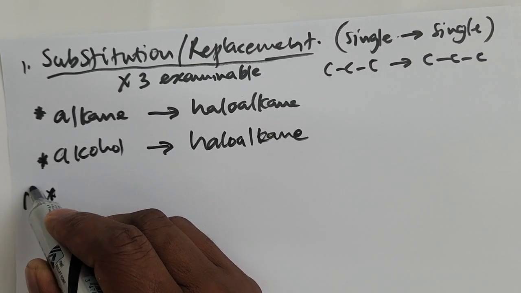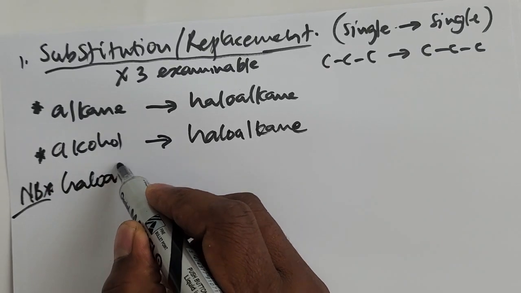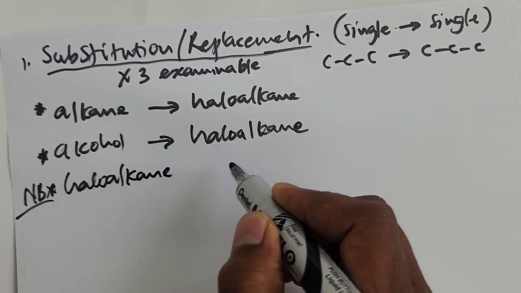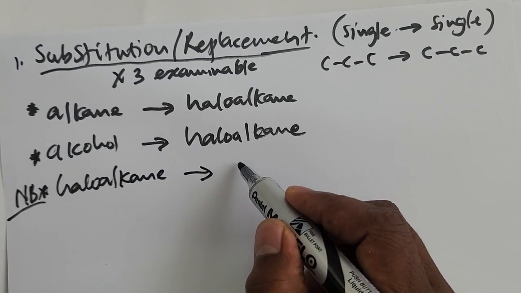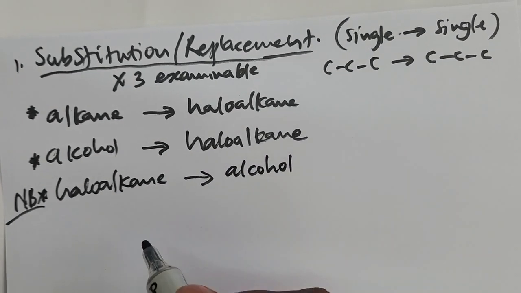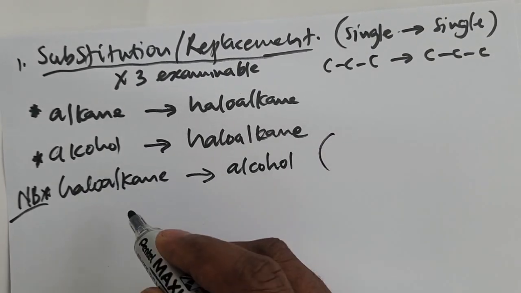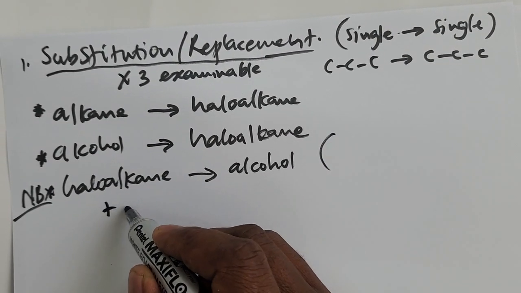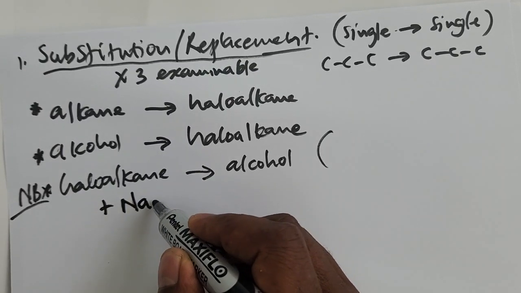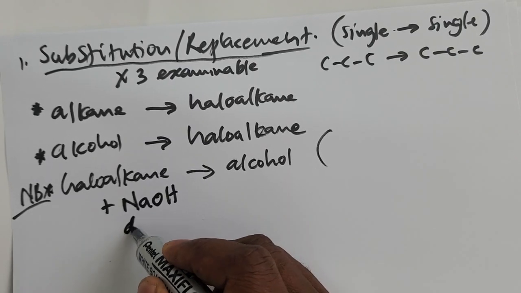The last one, which is very important, is that a haloalkane can produce an alcohol. In this case you will need the haloalkane to react with a dilute strong base.